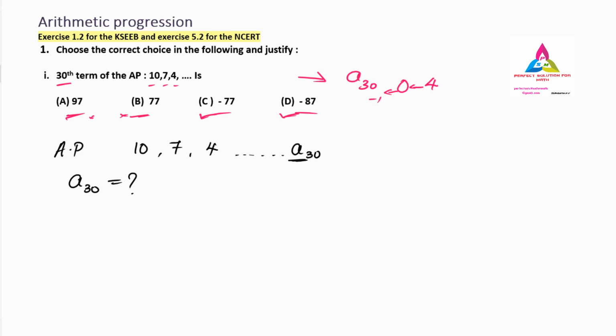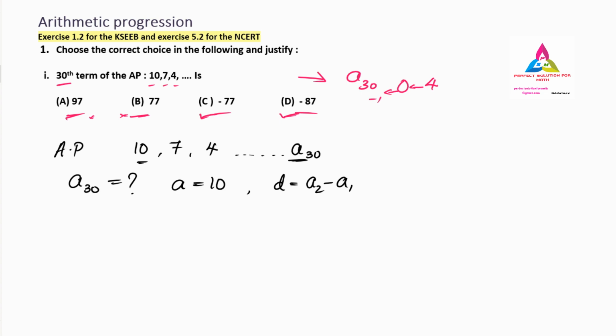So here A is the first term, so A is 10. Then we need the d value also by the formula. The d value we can find by one simple formula: a2 minus a1, or we can take a3 minus a2 also.